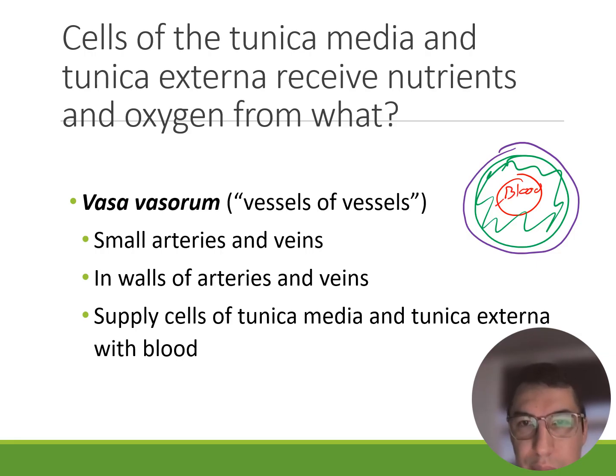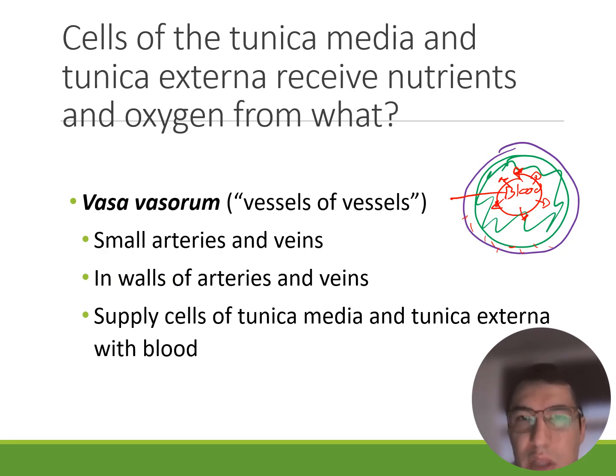So they may provide nutrients to this first portion right here through diffusion. But as we go into the outer portion of the vessel, how do we feed it? Because all of this tissue is alive. It has to renew, it has to supply. So diffusion can only get you so far.